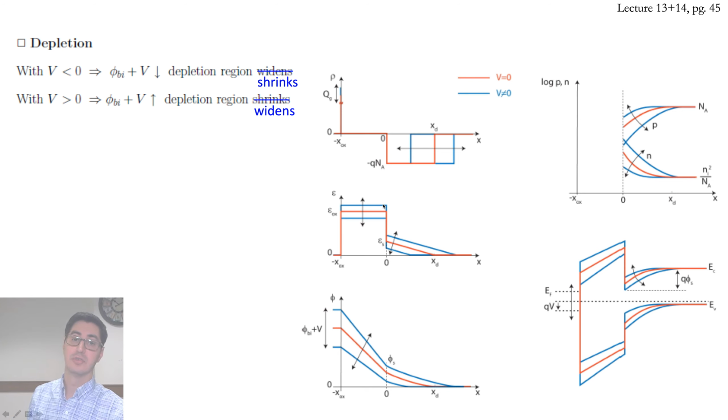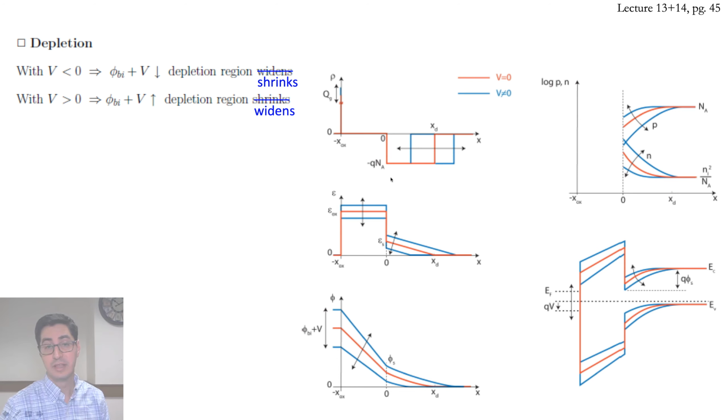And that's just due to the permittivity differences between epsilon silicon and epsilon ox. For SiO2, the permittivity is 3.9. For silicon, it's almost exactly 3 times larger than that at 11.7. So the electric field jumps by a factor of 3 in going from silicon to SiO2.